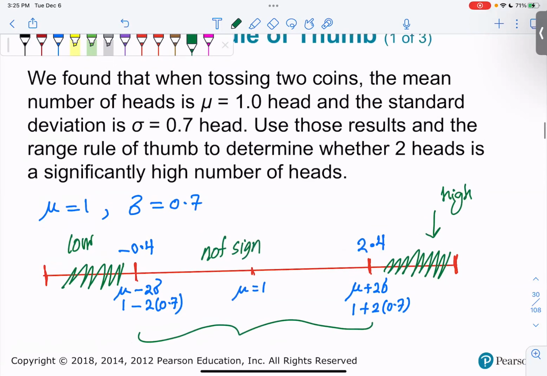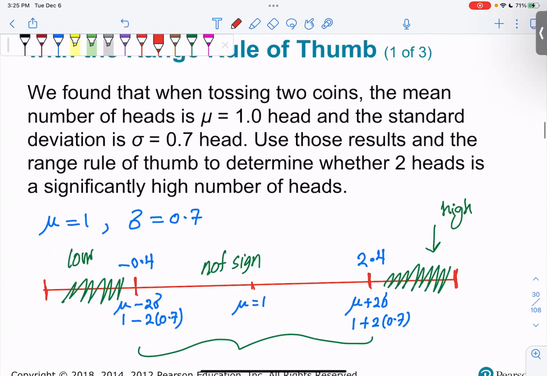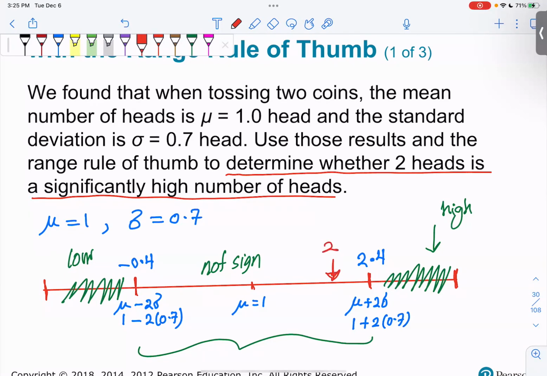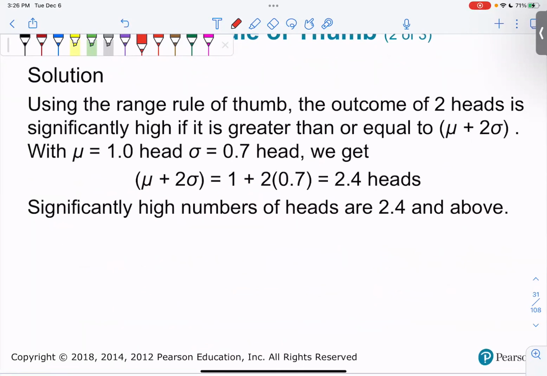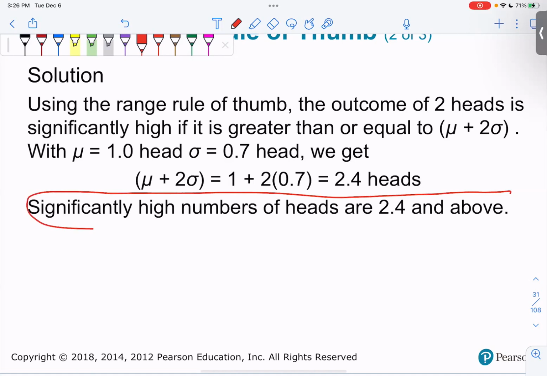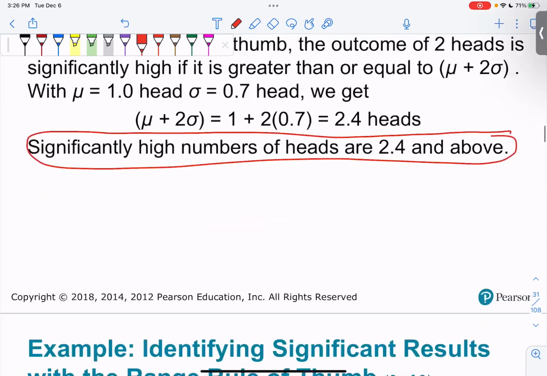Okay? So now they're asking to determine whether 2 heads is a significantly high number. So 2 is where? It will be somewhere here, right? So we can say that 2 is not a significantly high number, or 2 is not significant, okay? So significantly high number of heads is 2.4 and above.